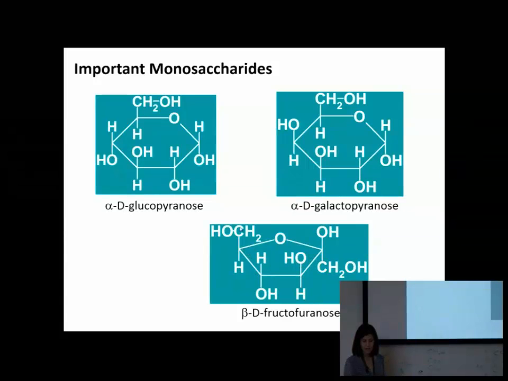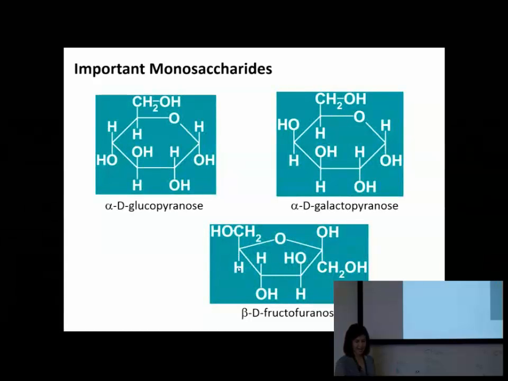It might take some marinating for you guys. I knew that this was the anomeric carbon because there's both the CH2 and an OH. This is not the anomeric carbon because there's just an H on it. There's no OH on it. Both the right and left of this oxygen have a CH2. Which one is the anomeric one? It's going to be the one with the OH. Do you guys see that? Okay, a little tricky there.